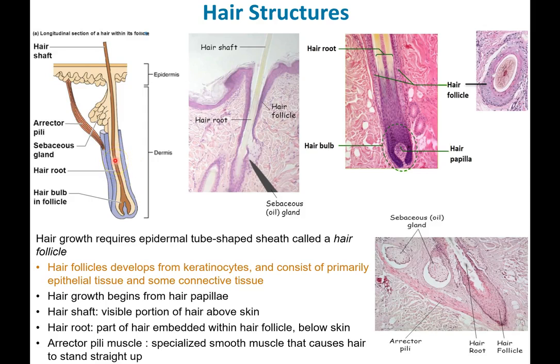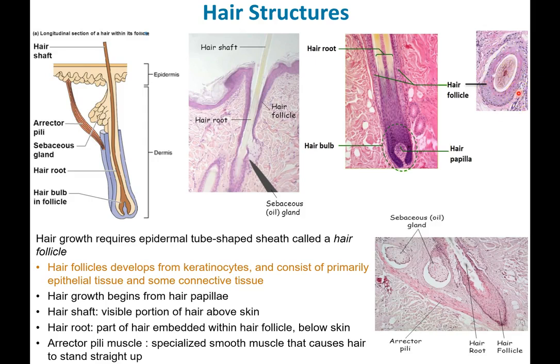Here we see several longitudinal sections of the hair follicle surrounding the hair root. We also see a cross-section of the hair root in the center, with its entire circumference surrounded by a hair follicle.